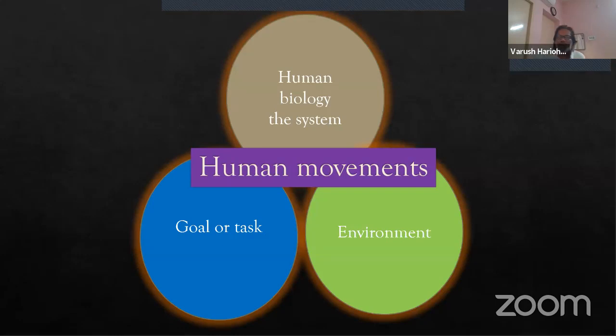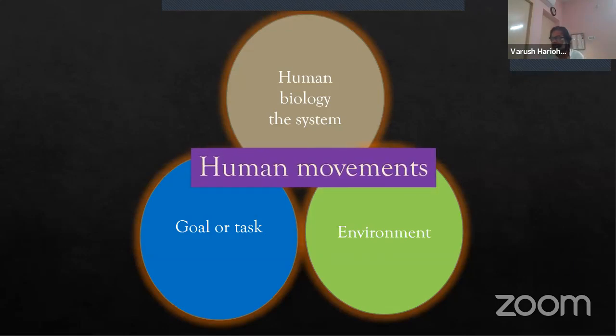By environment I mean the type of chair, the height of the chair, whether it has a handrest or doesn't have a handrest, or whether I'm talking about sitting and standing from a floor.